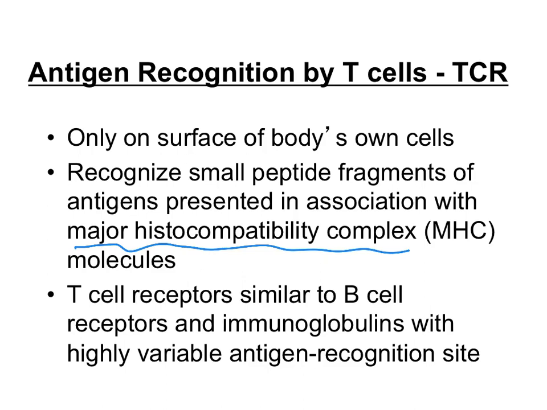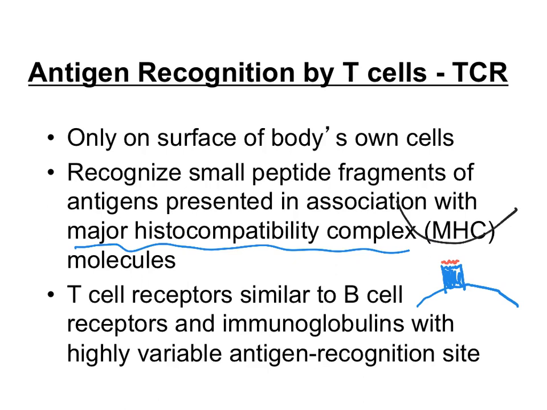And the MHC molecules, pretend this is a cell surface and this is an MHC molecule. Alright, here's my MHC molecule. It actually binds peptide specifically, and that peptide is presented to a T cell receptor on a different cell.